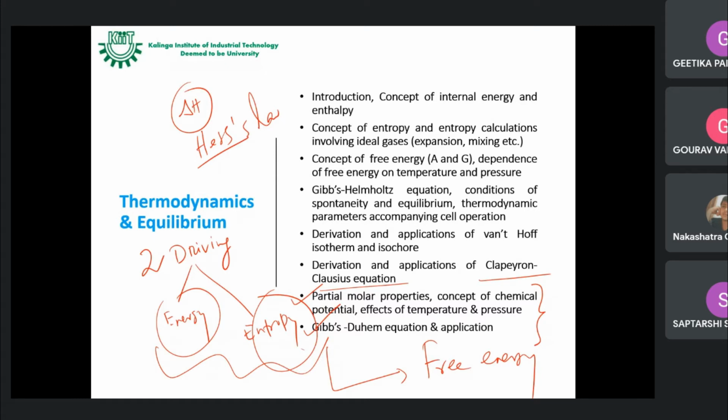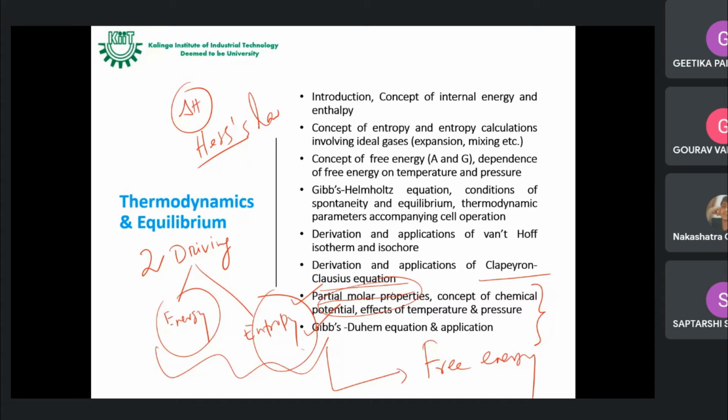This is the free energy concept we use in +2. But after that, when you transform to real situations, the open systems, then we come to chemical potential. So partial molar property is nothing but your chemical potential, actually. When you think of partial molar free energy, that is chemical potential.